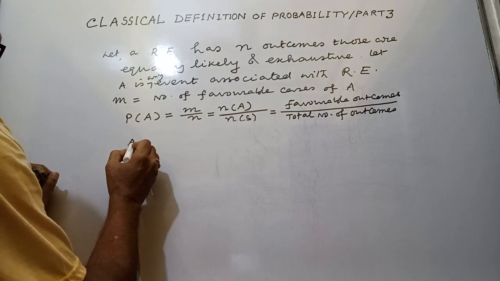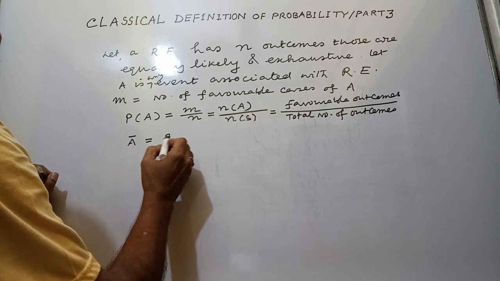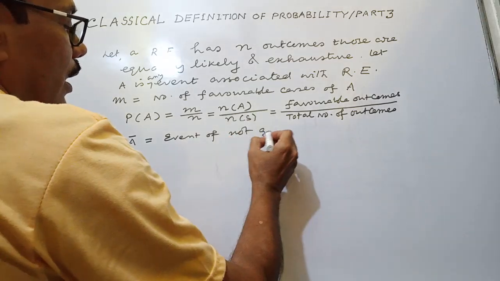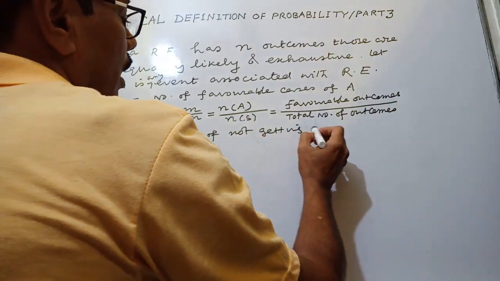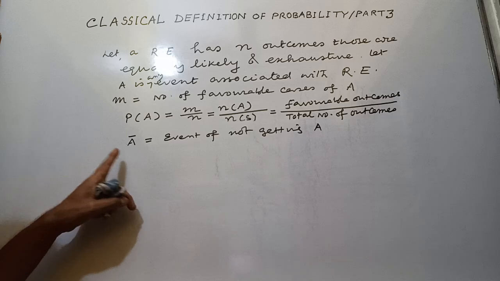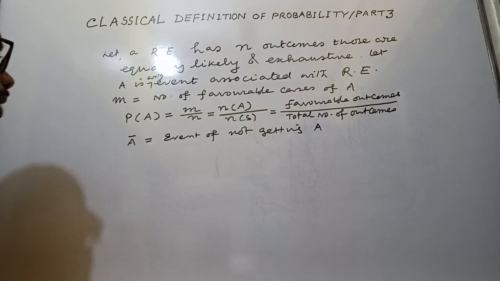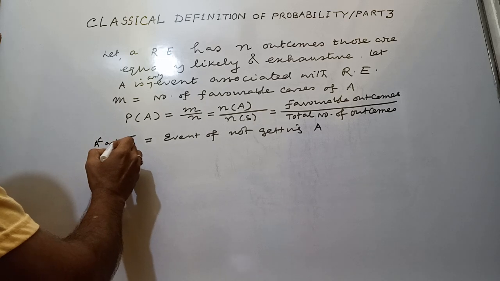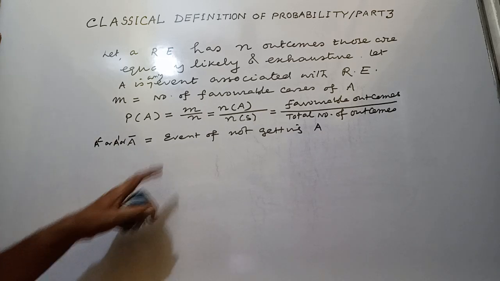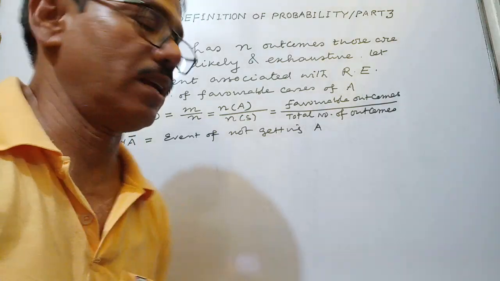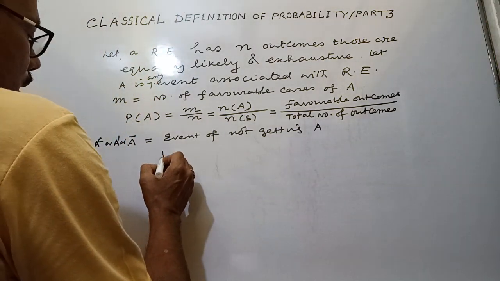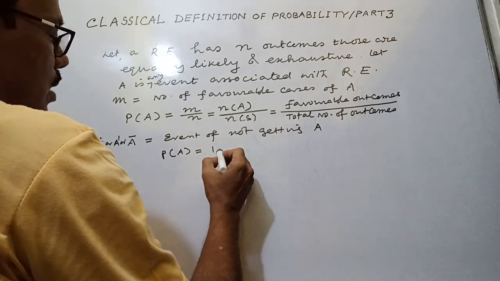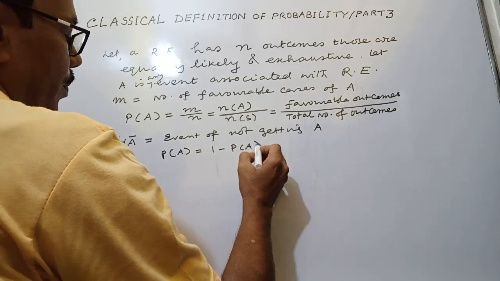Now A bar equals the event of not getting A. A bar, or A complement, or A dash, is the event of not getting A. So P(A bar) equals 1 minus P(A).